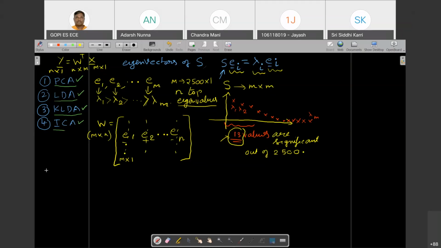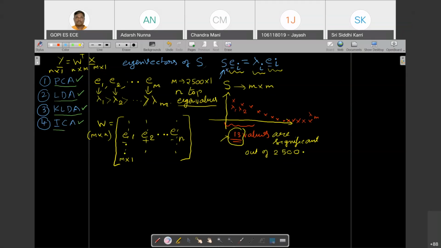The additional point you must know is the scatter matrix of the data. Let me put the scatter matrix associated with the variable x. You know how to compute the scatter matrix. Earlier I used the term with subscript x, indicating that it is a scatter matrix associated with the random vector x.